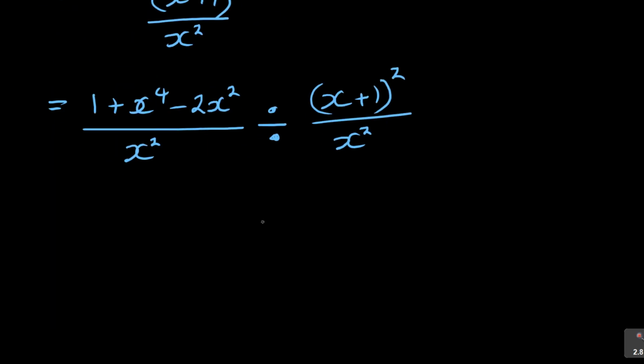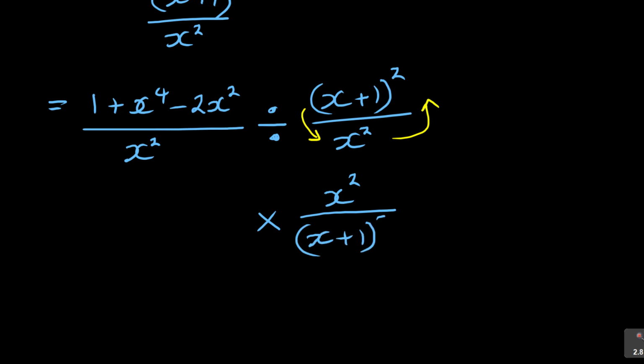Then I convert that to times, and you know, when you're converting to times, this goes to the top, this goes to the bottom. So what we are going to have is x squared here over x plus 1, squared. See that? But let's rewrite this thing here. This thing starts with the highest power. It's x to the power of 4 minus 2x squared plus 1 over x squared.